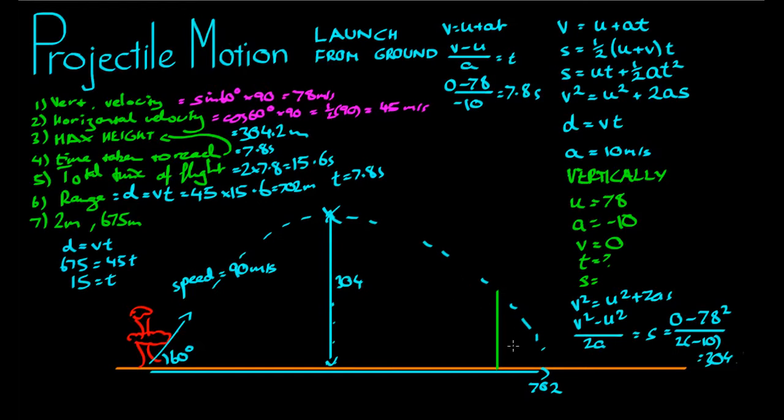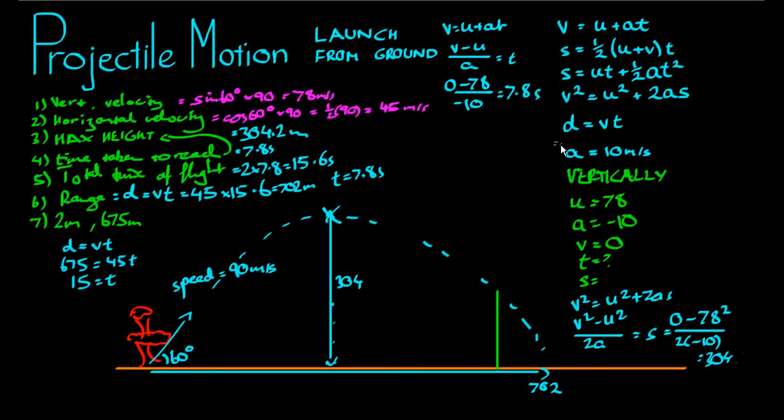So after 15 seconds, the object is at least in line with where the man is standing. As to how high above the ground it is, we still don't know. For that, we're going to have to use one of our motion formulae. We know t, we know a, we know u, but we don't know s. So we'll use this formula here.